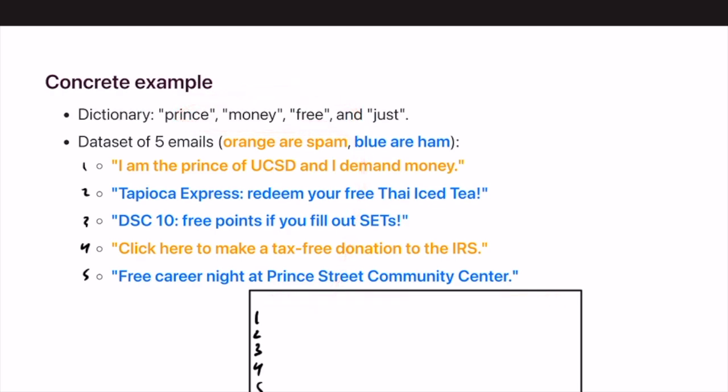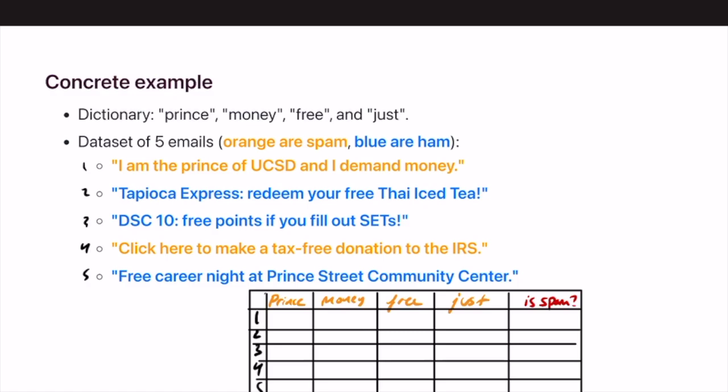So we'll start with prince, money, free, and the word just. And then of course we also want to know what the class is, is spam. Okay, so let's fill this out.